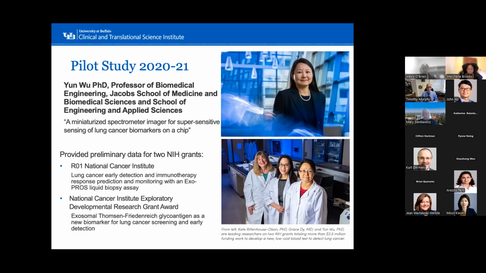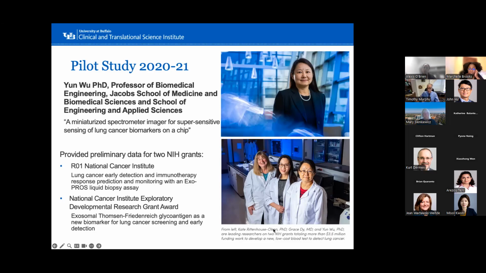And she was awarded a pilot study to develop this miniaturized spectrometer for sensing lung cancer markers, almost like what they call a liquid biopsy, and developed a chip for that. And this pilot study provided preliminary data for 2 NIH grants, both the National Cancer Institute for early lung detection, and then the second, one of the 2 grants, she partnered with 2 other folks.